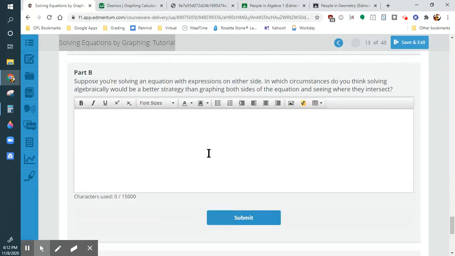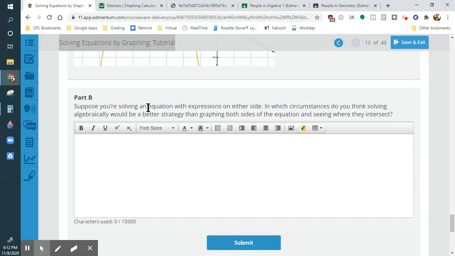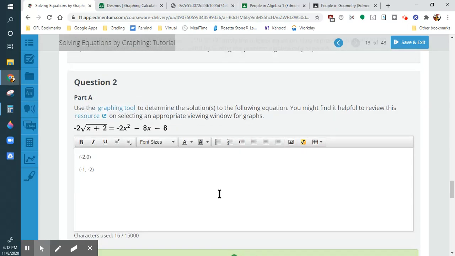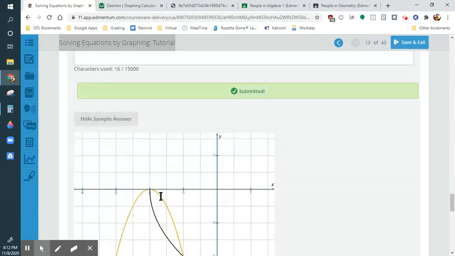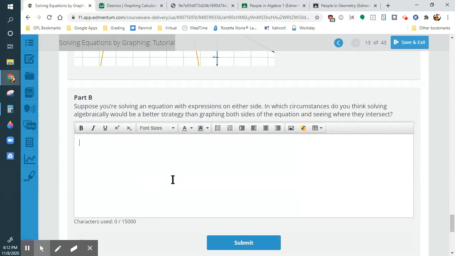But carrying on, suppose you're solving this equation algebraically. In which circumstances do you think solving algebraically would be a better strategy? Both sides, seeing where they intersect. So when would solving it algebraically be a better strategy?